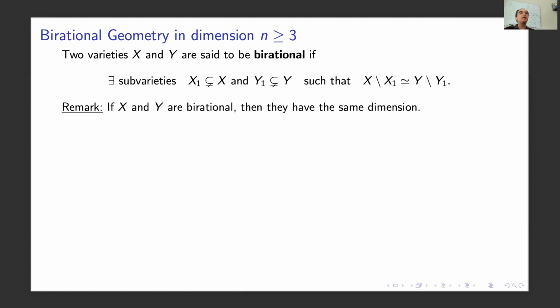For the time being, let's suppose that X and Y are smooth, although we should consider also singular varieties. The reason why we need to consider also singular varieties is because this picture is much better understood, much better behaved, if we don't throw away singular varieties. We're going to construct a graph, and the graph becomes much nicer if we don't focus only on smooth varieties.